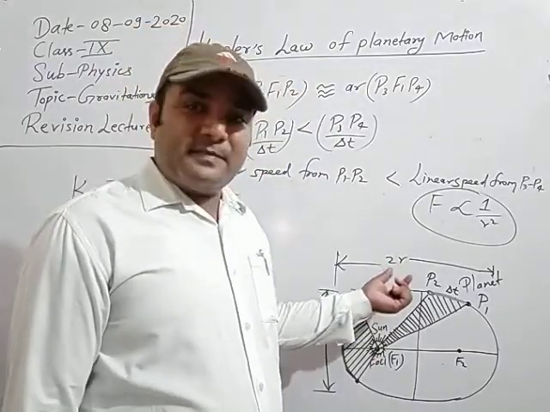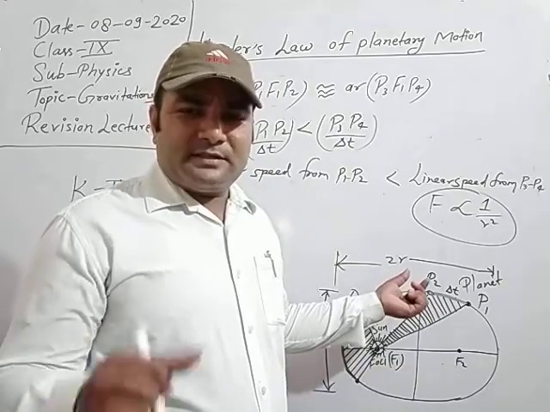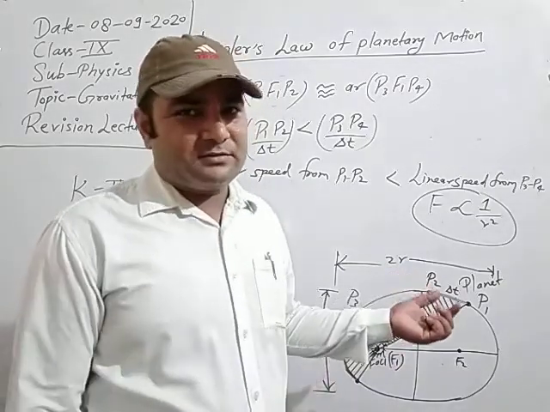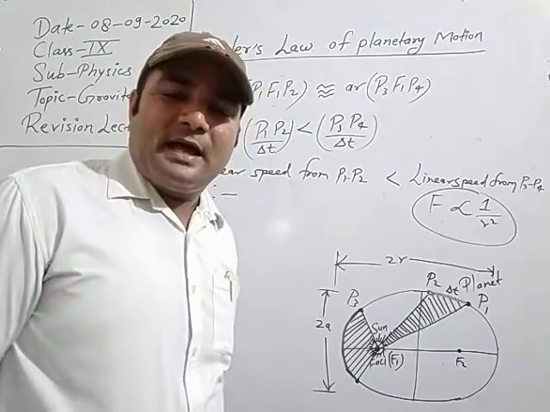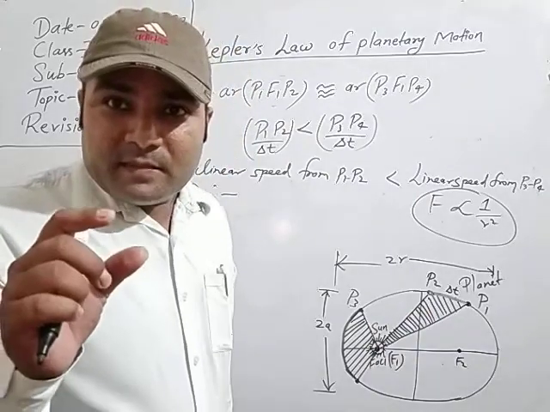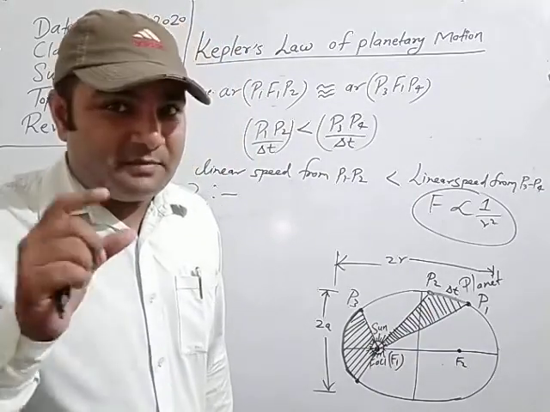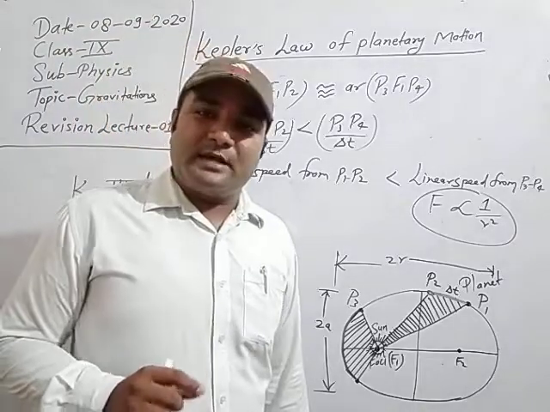So half of the major axis, or in some books the mean distance is given. No matter, you can take any one concept, either semi-major axis, half of the major axis, or mean distance.